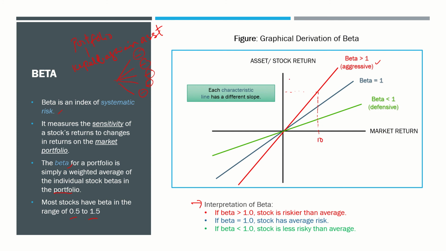Katakanlah ni 10, ni 12, sini 10. Okay. Sini katakanlah 8. Pada market return 10, aset ini dapat return bawah average. Sini average. Manakala bagi beta yang lebih tinggi, kat sini dia dapat return yang lebih tinggi.